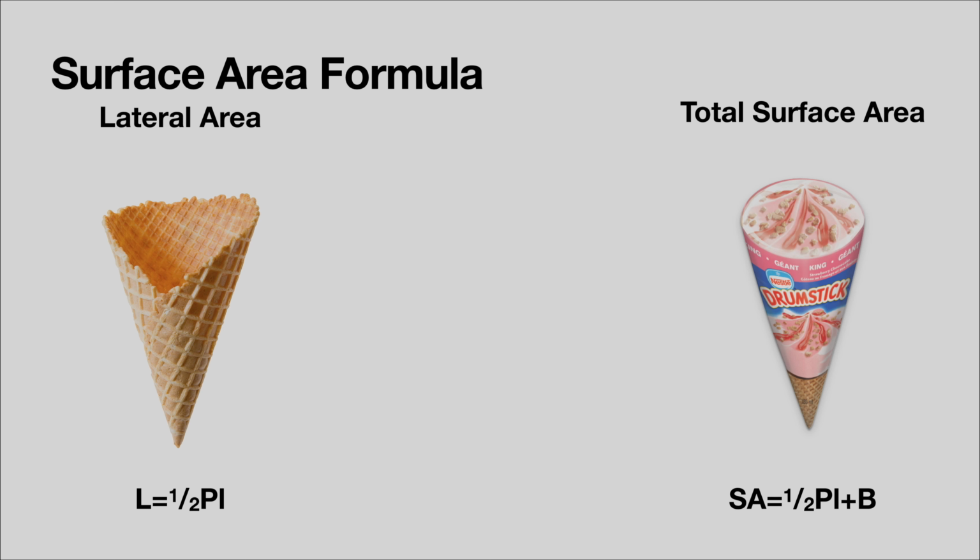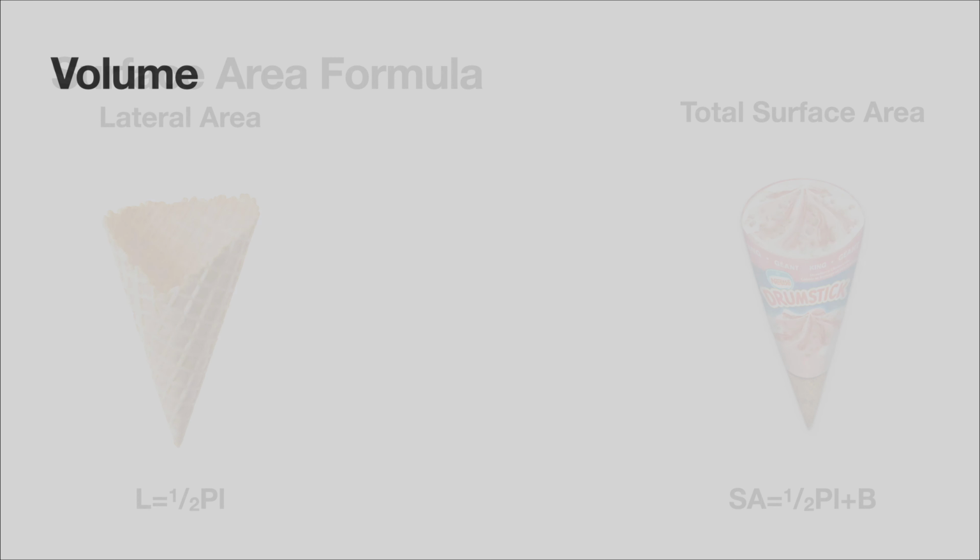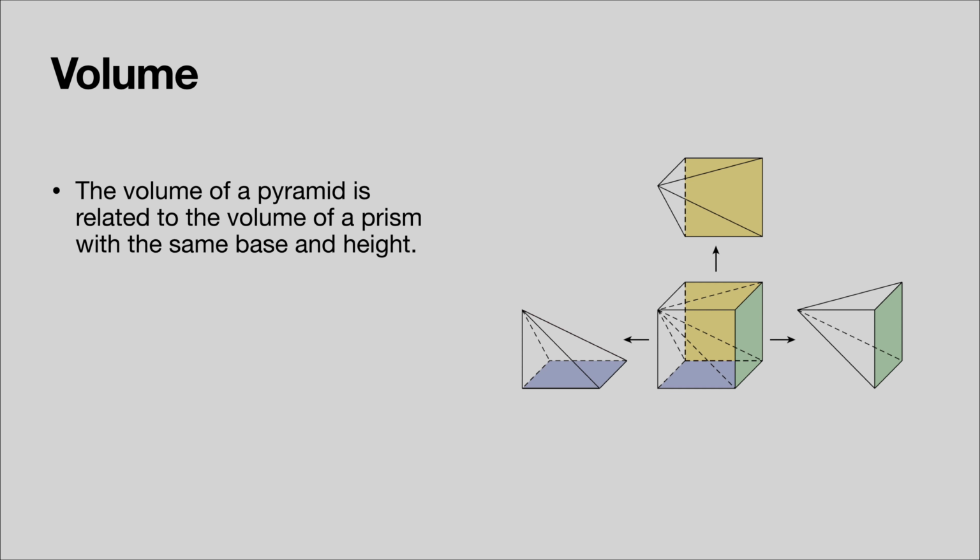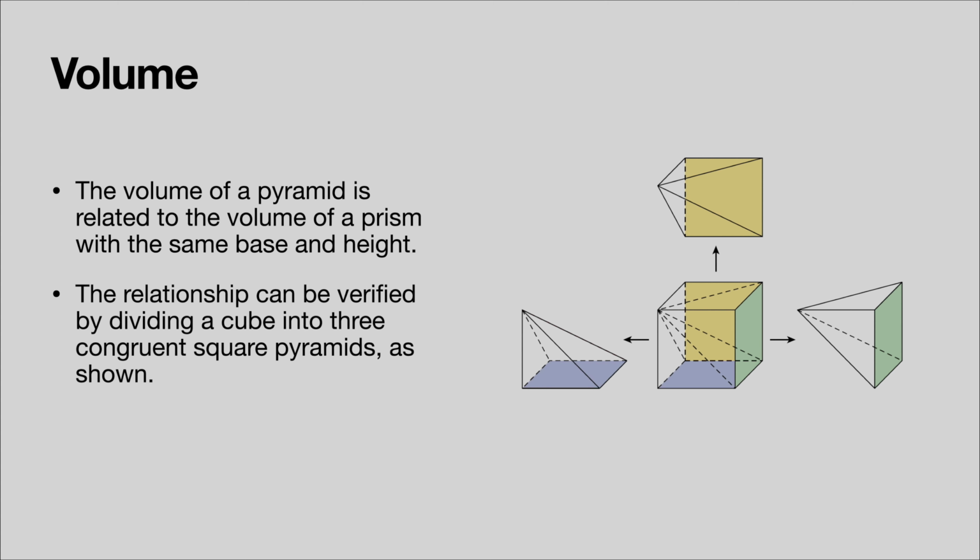So now that we talked about surface area, let's talk about volume. The volume of a pyramid is related to the volume of a prism with the same base and height. So basically, the relationship can be verified by dividing a cube into 3 congruent square pyramids, as we can see right here.